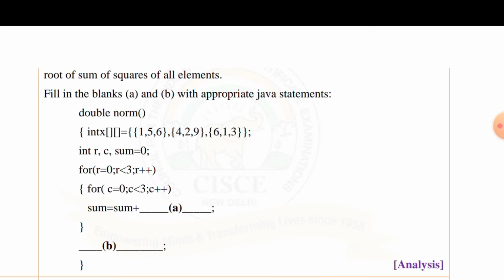So what we will write in the blank A: array name X, in the first square bracket R, and in the second square bracket C, X[R][C], and then the multiplication symbol. Why multiplication? Because we want to find the square root. And again we write the same X[R][C], and we get the square, which will be stored in the sum variable, which is initially 0.